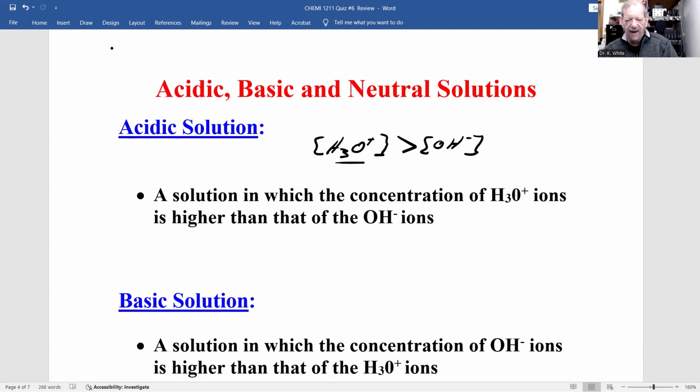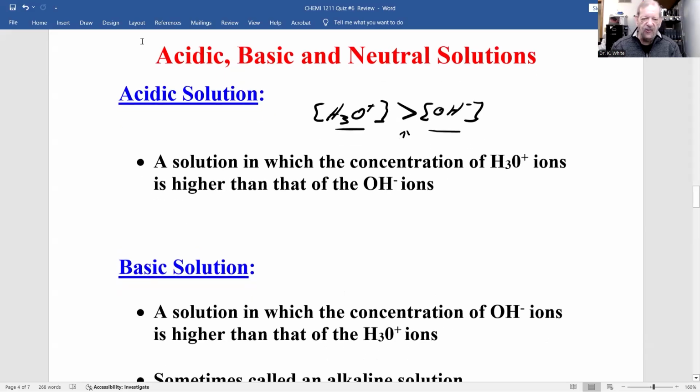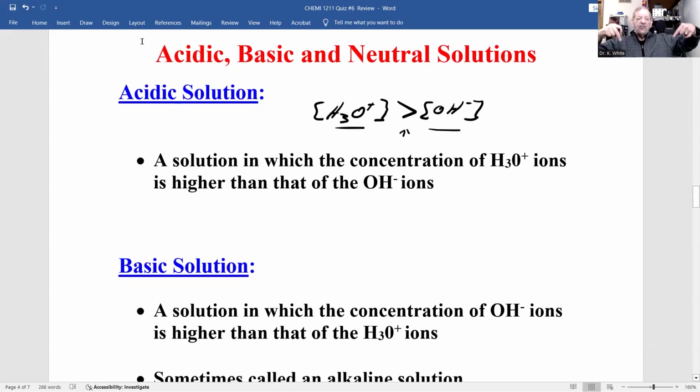That's an acidic solution. Your stomach is an acidic solution because of that. There's also hydrochloric acid in there.